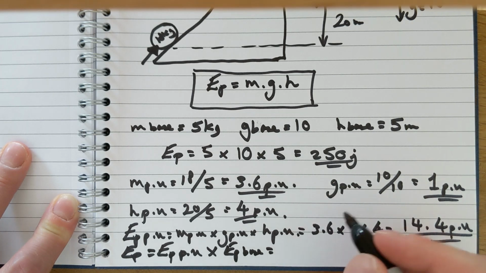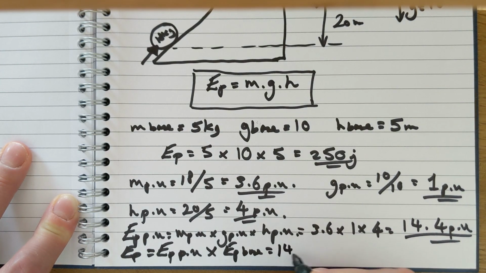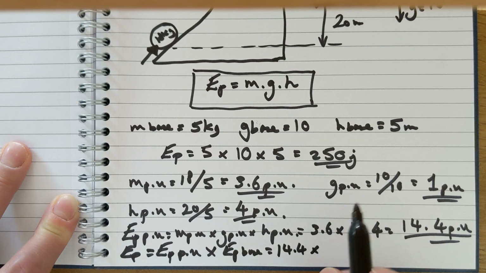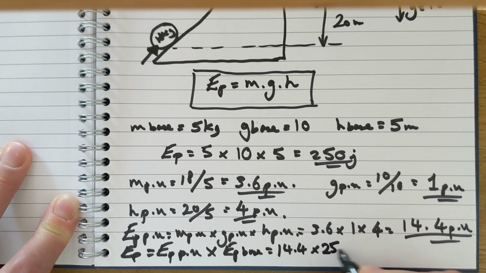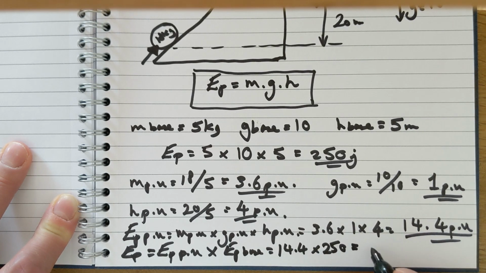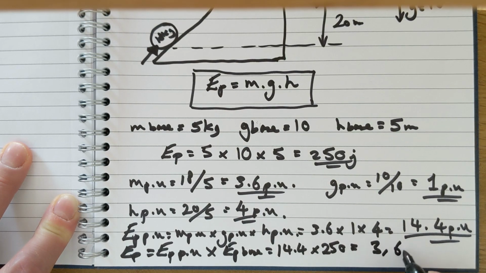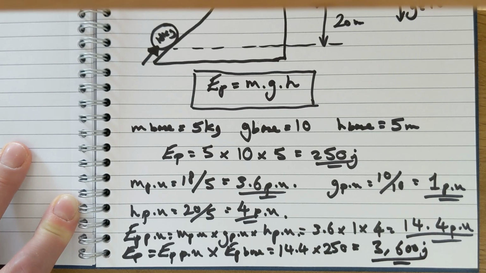It's 250 joules. So it's 14.4 times 250, which equals 3,600. So that's how many joules our system is increased by in a real value.